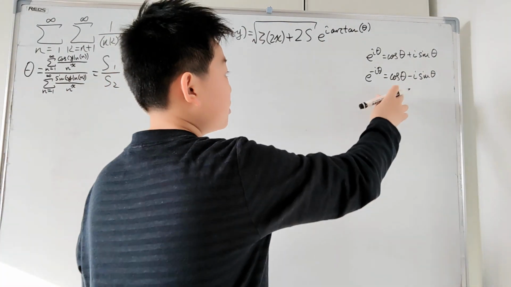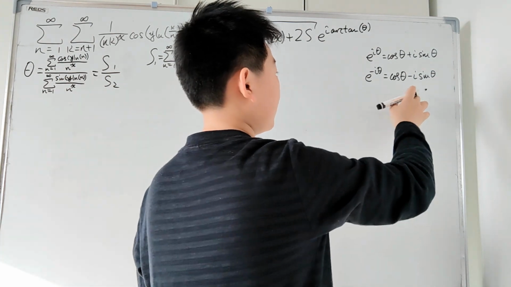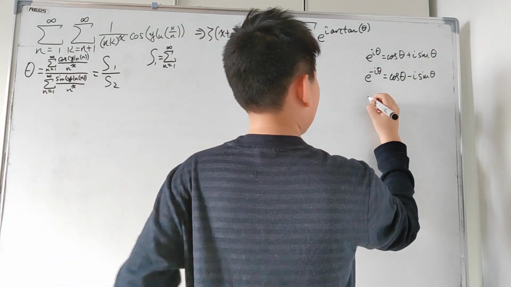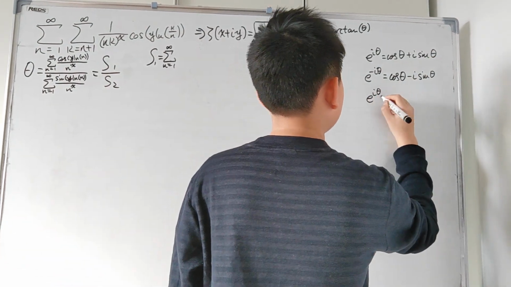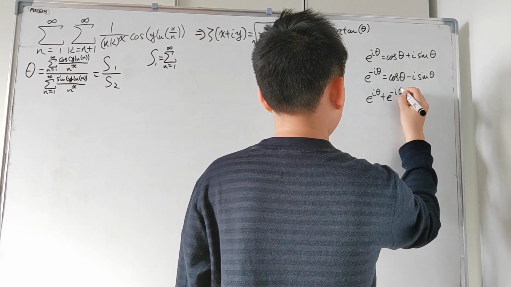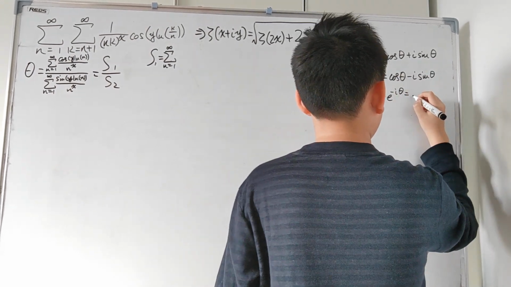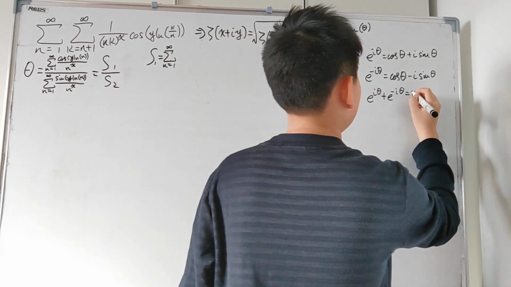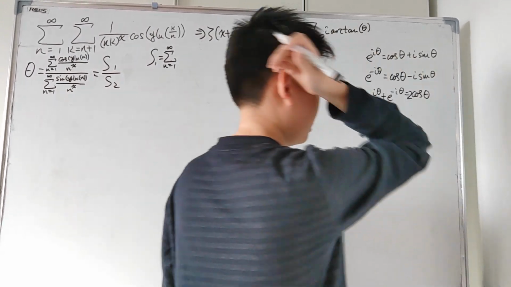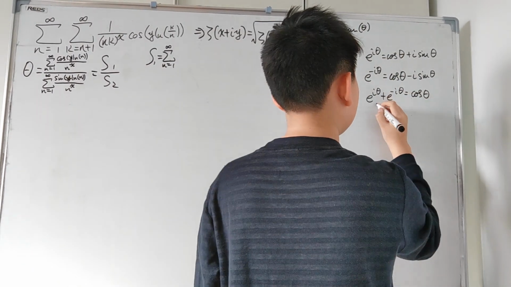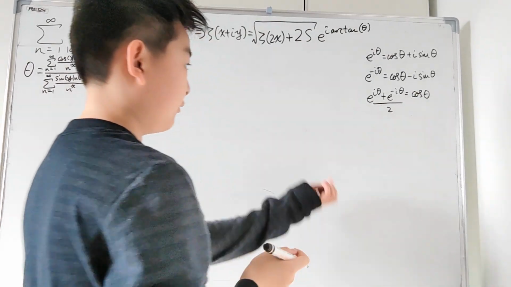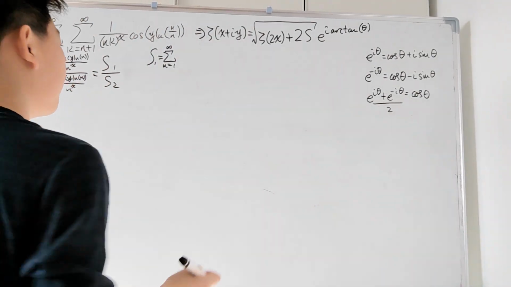So what we want to do, and once again our goal is the cosine, is we're going to add these up so that these two cancel. And so we get e to the i theta plus e to the negative i theta is equal to 2 cosine theta. And then we can just move this to the other side, and boom, we have a formula for cosine.